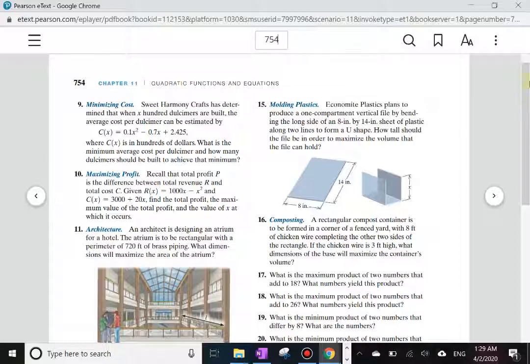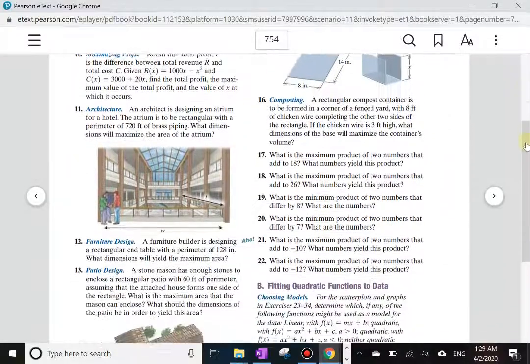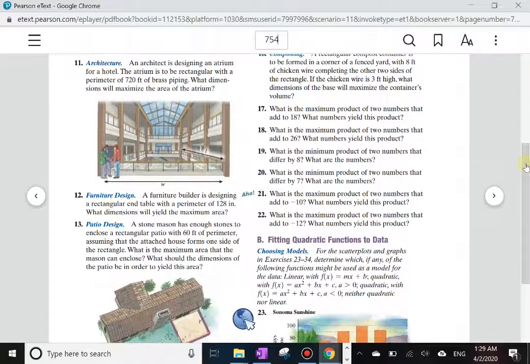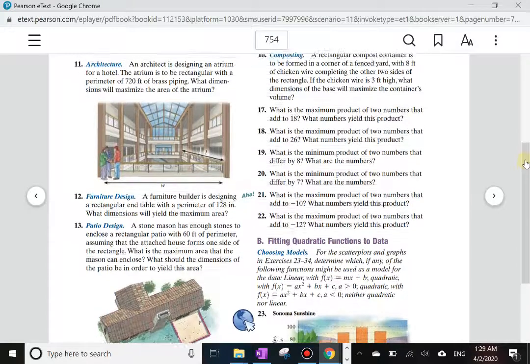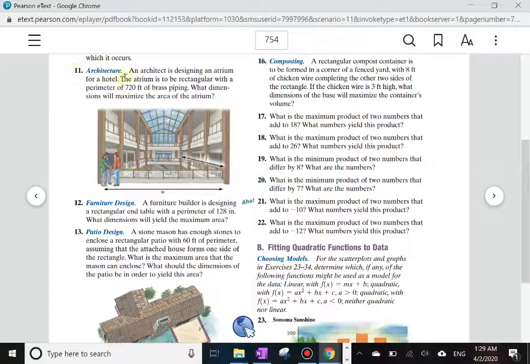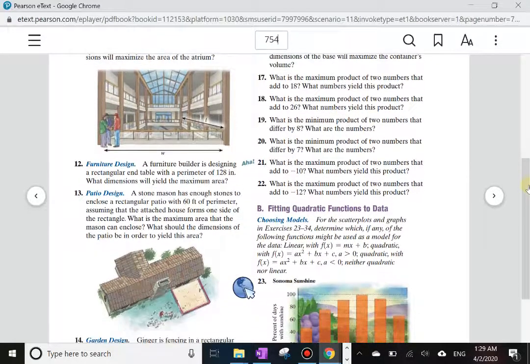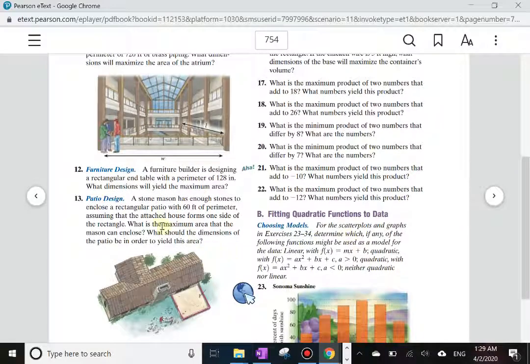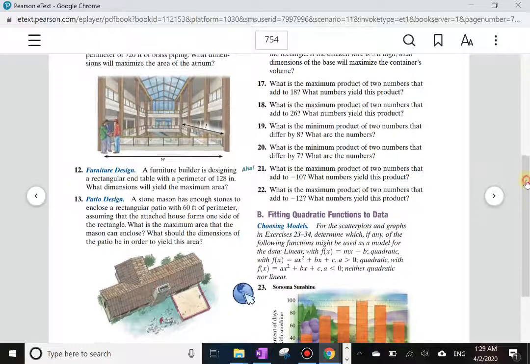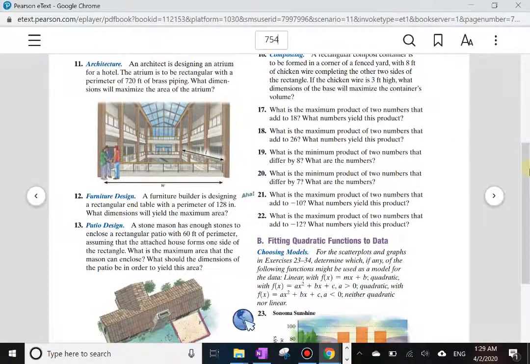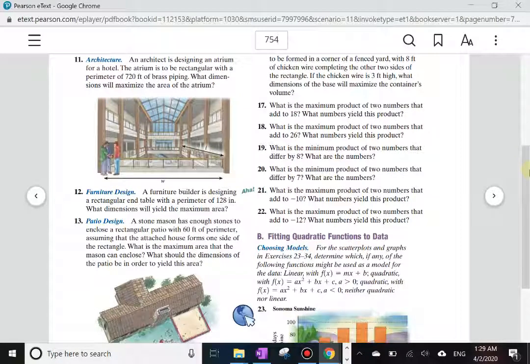So 11 and 13 are the ones that you're doing. Number 11 is up here, and number 13 is a couple of problems down below it. Again, you're doing numbers 11 and 13, both of these exercises.